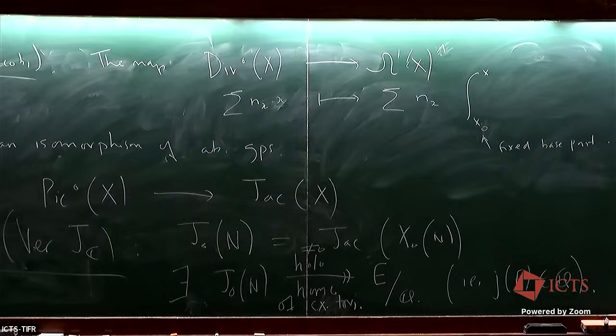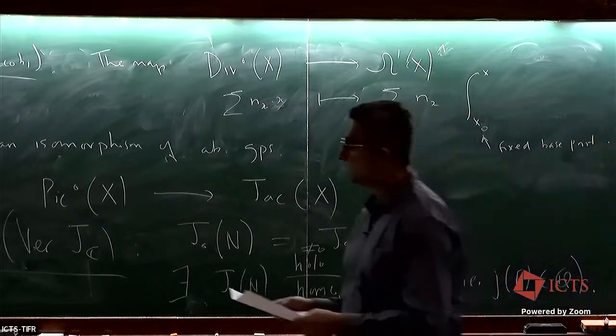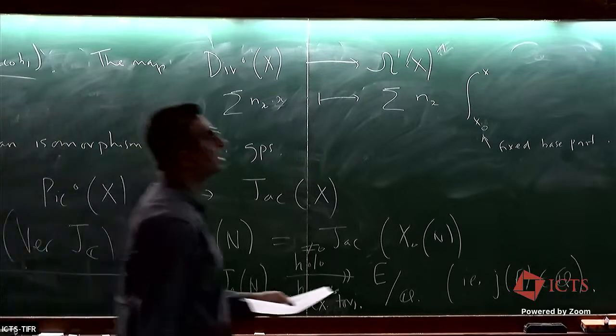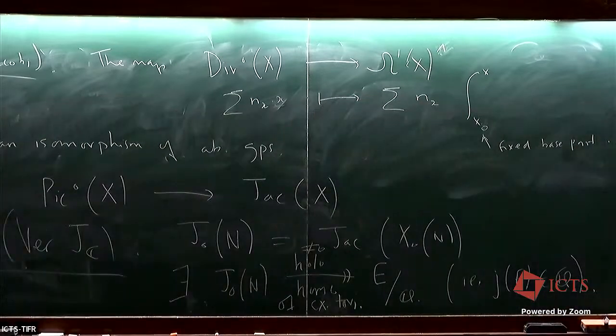So what we need to do is first make sure that we understand how Hecke operators act on Jacobians. We know how Hecke operators act on modular curves, but what about on Jacobians? So I'll do some generalities first and then tell you how the double coset operator acts on the Jacobian.